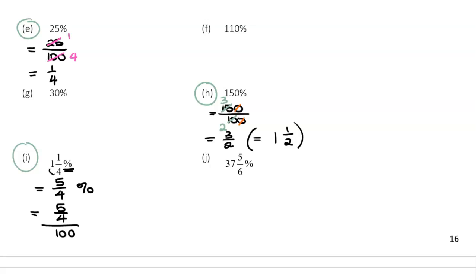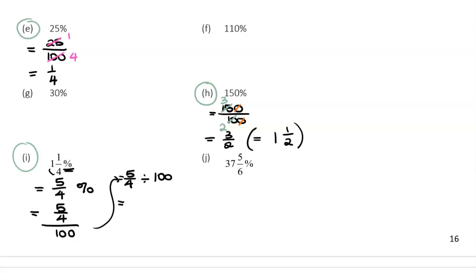So what if instead, because we've got a bit of double-decker fraction action, let's maybe write it like this for a moment to observe. So 5 over 4 divided by 100. Now recall, we practiced doing some divisions in earlier lessons. If I had 5 over 4 divided by 100, I could actually do a little bit of reciprocal action here.